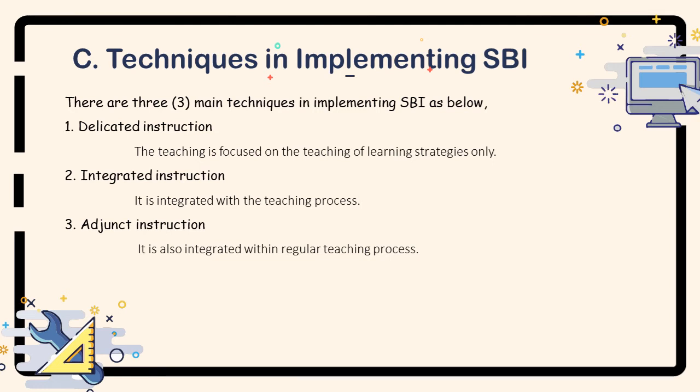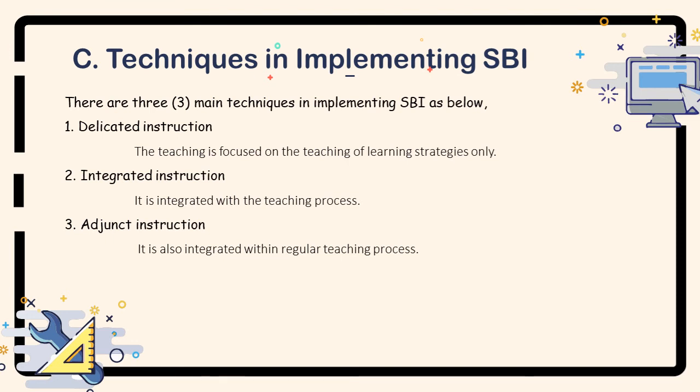The next is integrated instruction. It is integrated with the teaching process. An example of this implementation is a learning process using a current model such as CLT. CLT stands for Communicative Language Teaching.